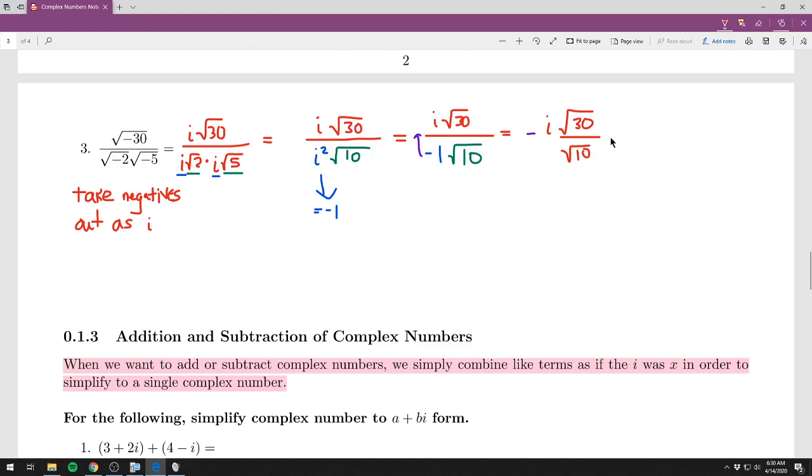Just got square root of 10 on the bottom. You can combine square root of 30 over square root of 10 because they're not negative numbers, and division is just the same as multiplication as far as operations go. So we can divide the inside, and 30 divided by 10 is 3. We got negative i in front, and inside the square root we got 3.